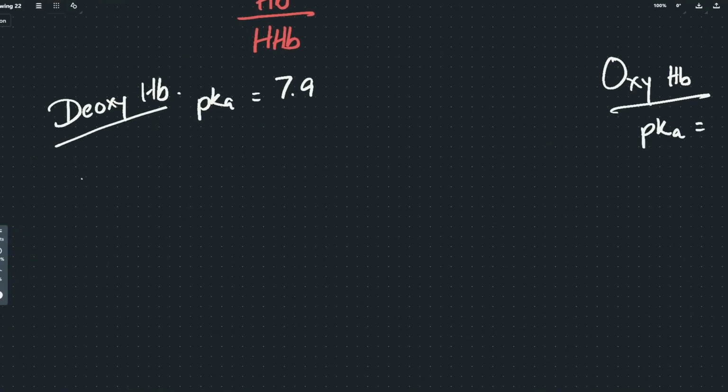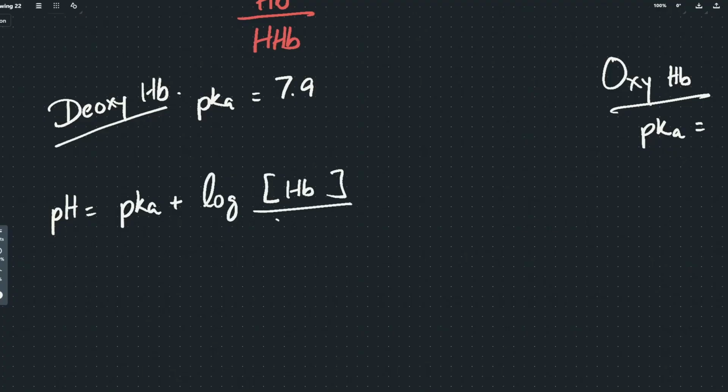Now we can write the Henderson-Hasselbalch equation: pH is equal to pKa plus log of base over acid, and base here is Hb and acid is HHb.